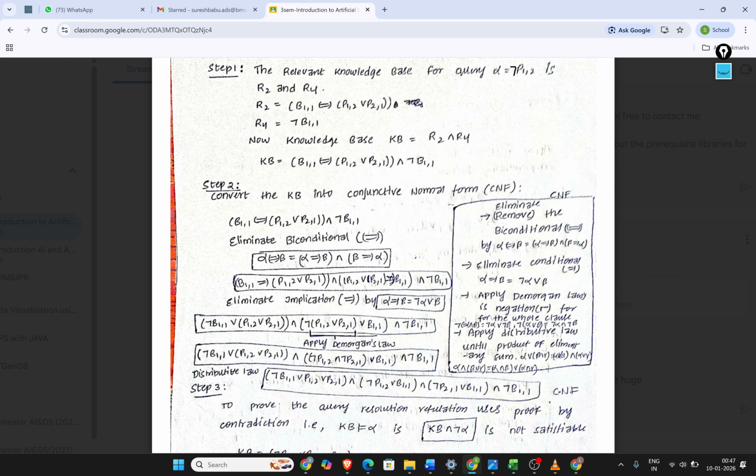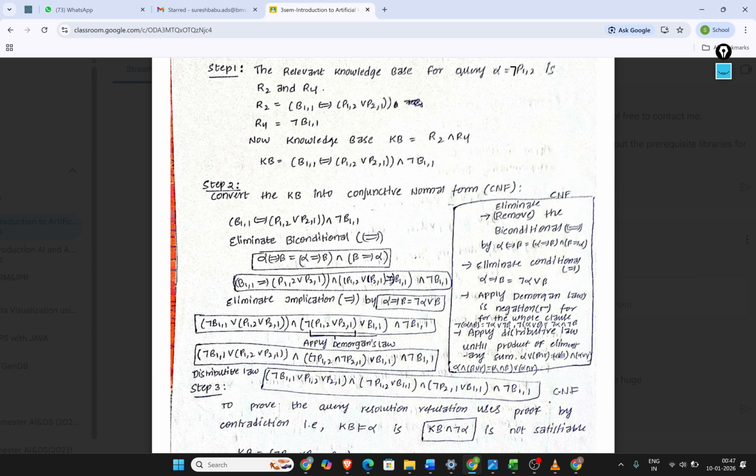Just observe here: we have negation p1,2 and, but you should not have any 'and' over our clauses, we should have 'or' only. So I'm going to take this one as a single statement and this one as a single statement, which is nothing but alpha and beta or gamma, you can assume.